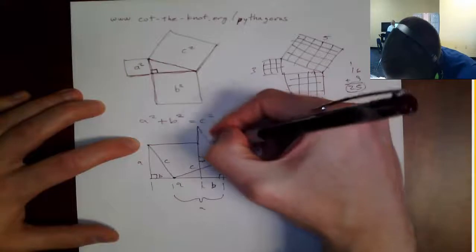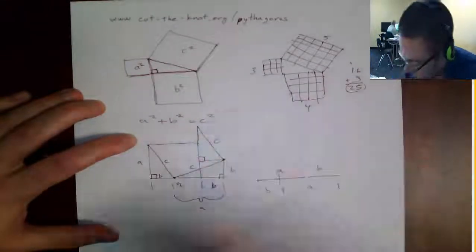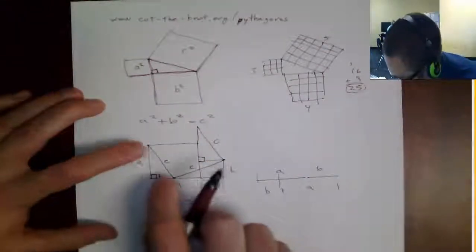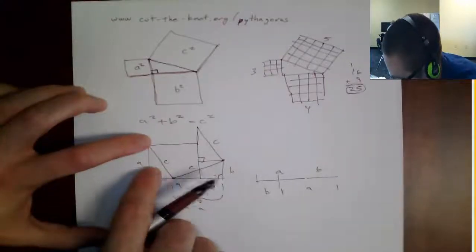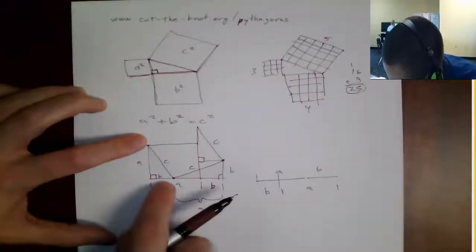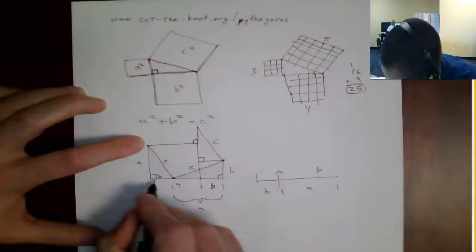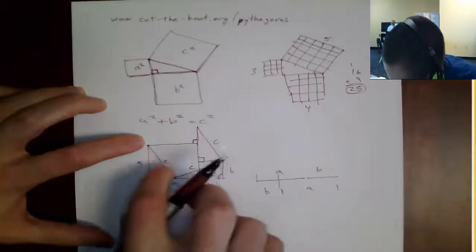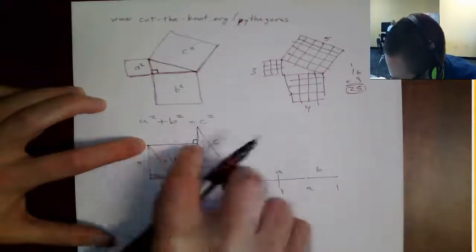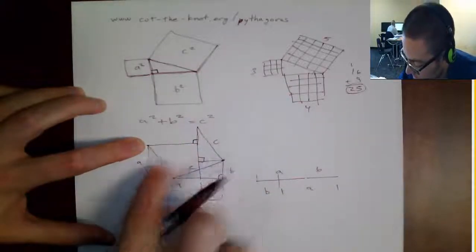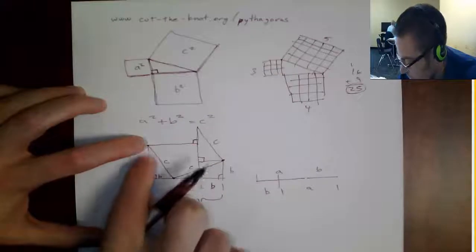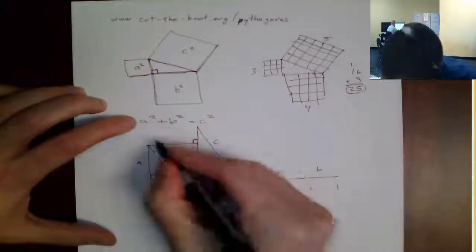And then this length right here is c, right? Then I'm going to take this triangle and rotate it up here to sit into this right angle. So this is length b and this is length a, and if I rotate up there, this is length a just because it's part of the square and my rotation is an isometry, so it's a congruent triangle.